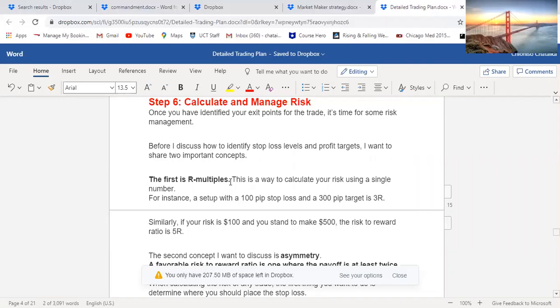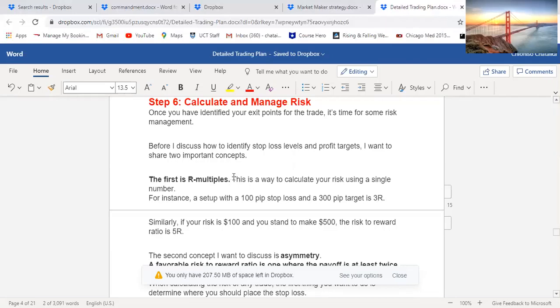Say you have a $1,000 account. You say to yourself, I'm risking $10, which is 1%. I am not entering that trade unless there's a chance that I'm going to make $30 in profit, right? So you're risking $10, which is 1%, for the opportunity to make $30, which is 3R. So you say to yourself, I don't enter trades which are less than 3R.